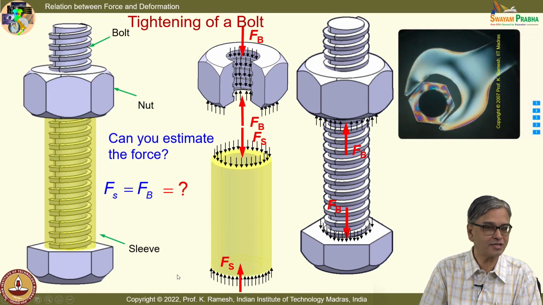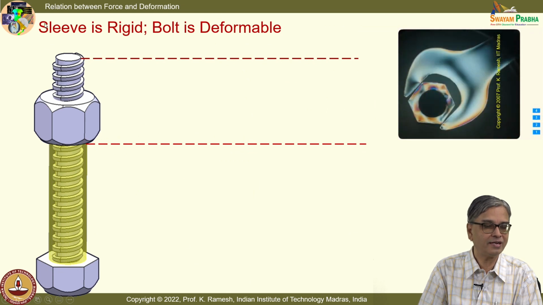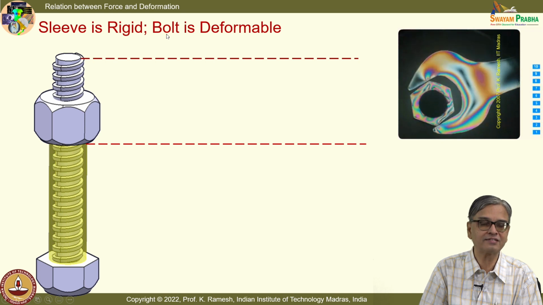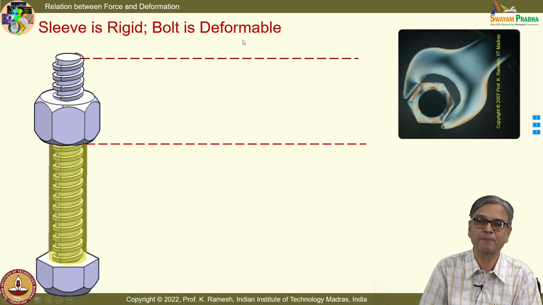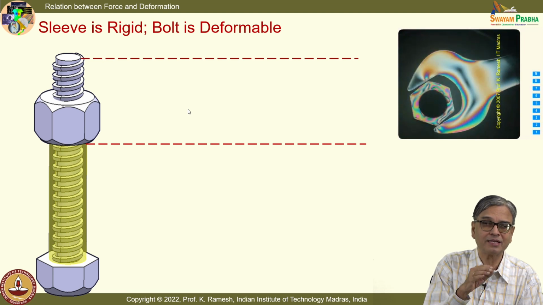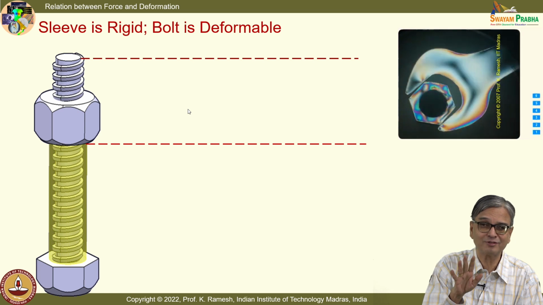So, the question is how to estimate the force. Now, we will consider the sleeve is rigid and we will consider only the bolt is deformable. See, engineers solve a problem and remove the second order effects implicitly. You should understand.